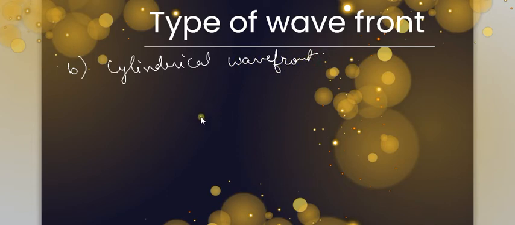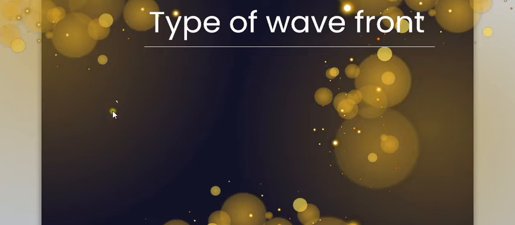Now proceeding to the cylindrical wavefront. When the source of light is in linear shape, a cylindrical wavefront is formed. It is because all the points which are equidistant from a linear source lie on the surface of a cylinder. For example, this is my linear source. All the points which are equidistant from this linear source lie on the surface of this cylinder.